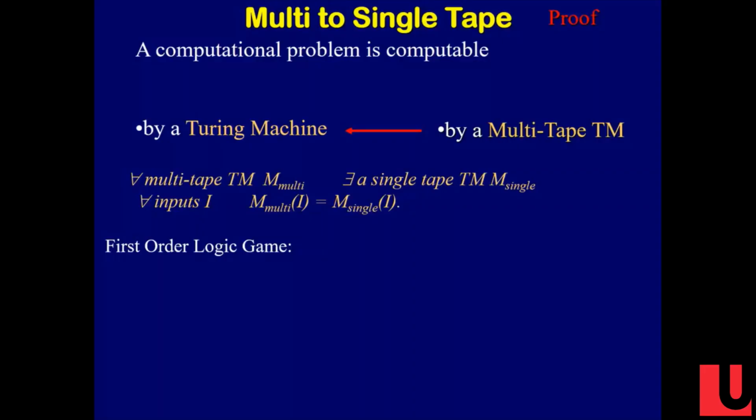What we're trying to say is that for any multi-tape Turing machine, there exists a single-tape Turing machine. So given this one, I construct this one. And what will this one do? It will solve the same problem. Namely, for every input, the output of the two machines will be the same.